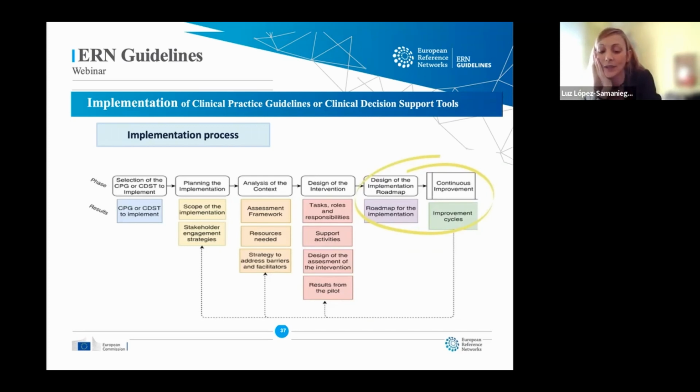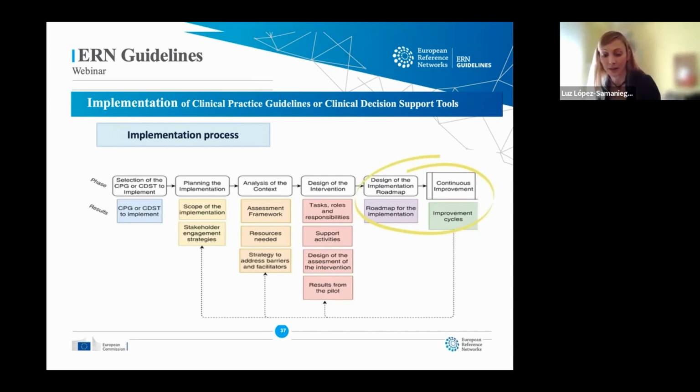Also, the results from the small test on implementation, a pilot, maybe you're more familiar with the word pilot, are gathered and analyzed to ascertain whether the resources are adequate, the adherence to the intervention, and its strong points or weaknesses.